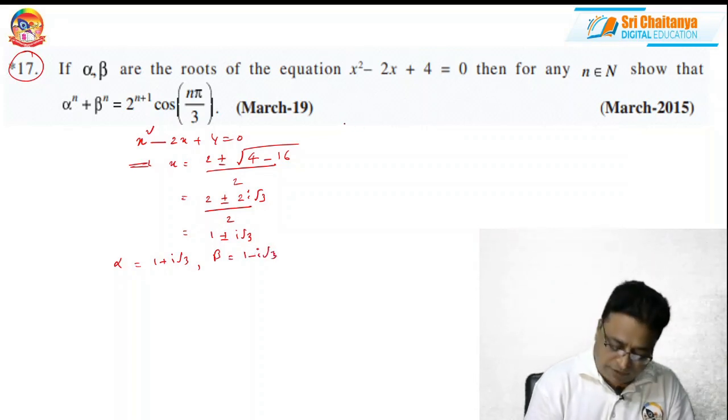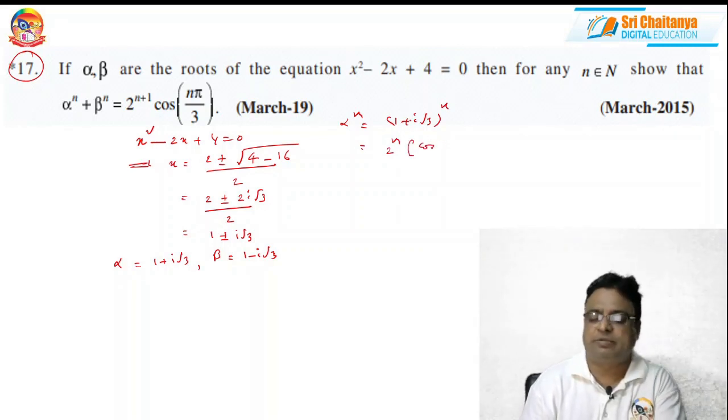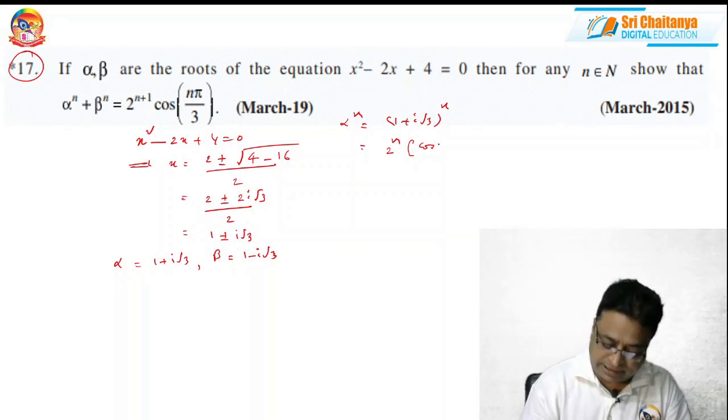So now alpha power n is nothing but (1 plus i root 3) whole power n. This I can write as 2 power n (cos of pi by 3 into n plus i sin of pi by 3 into n).